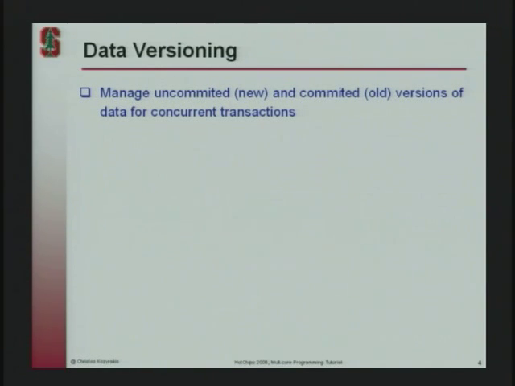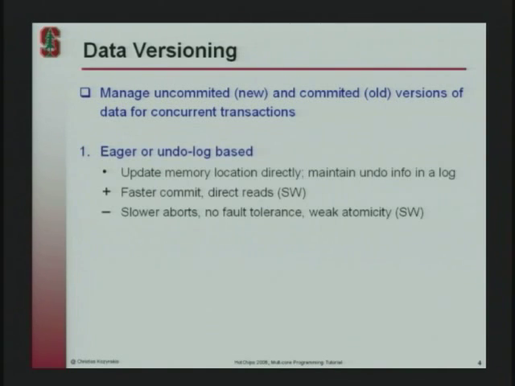So how do you handle all these multiple versions? There are two ways. The one way is called eager, and it's typically implemented with an undo log. And the basic idea is the following. The moment that you try to do a store in the middle of a transaction, before it commits, you update the regular memory location right away, as if the transaction will commit at the end.